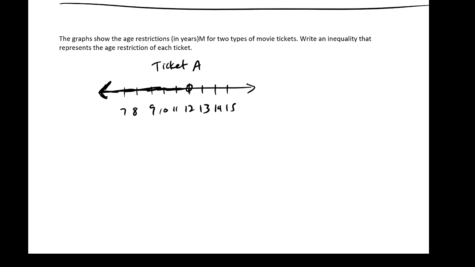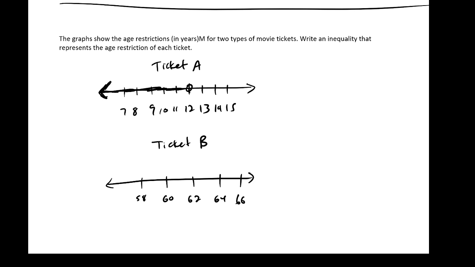And then we have another number line for ticket B, and this one's going to use a scale, right? So 58, 60, 62, 64, 66. So for 62, we're going to have a closed dot shaded to the right.